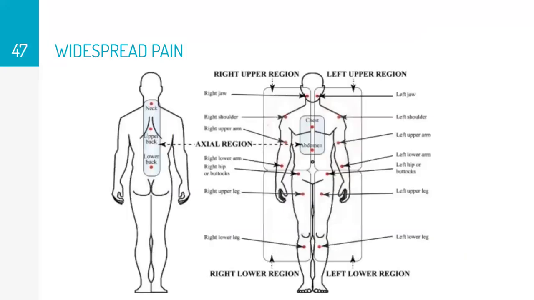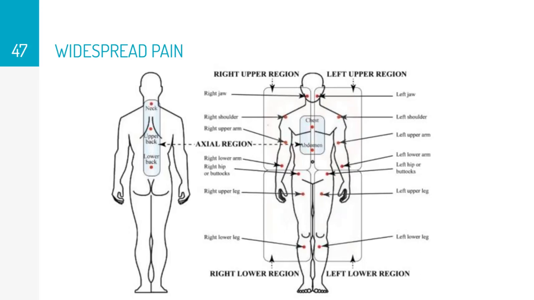This was one of the charts that the American College of Rheumatology used. These little red dots along the body are the points where your therapist or doctor will apply firm pressure. They'll get an idea of how severe the pain is, and then they'll note the number of points.